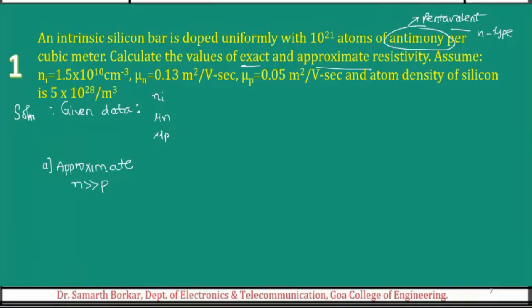So conductivity is given as sigma equals n into mu n into e, that is the concentration of electrons, the mobility of electron, and the charge on the electron. If you solve this, you get the value as 20.826.